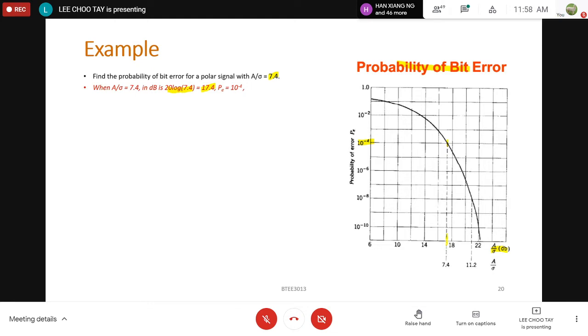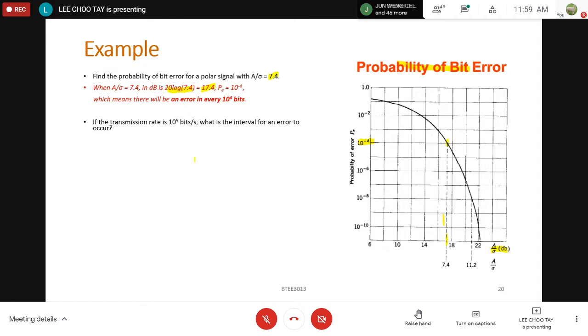If you project the 17.4 dB along the vertical axis and find the point of intersection with the curve, and then project on the horizontal side, that will give you the probability of error of 10 to the power of minus 4. So this means there will be one error in every 10 to the power of 4 bits, which is 10,000 bits.